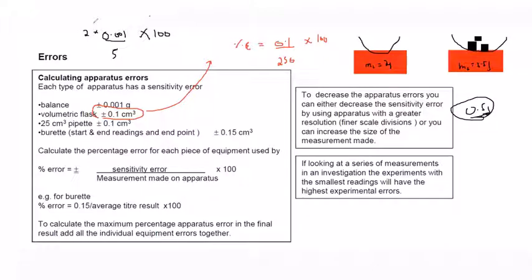And if you want to decrease this percentage error, we should record a higher value so that the percentage error will be reduced. Any doubt in this?